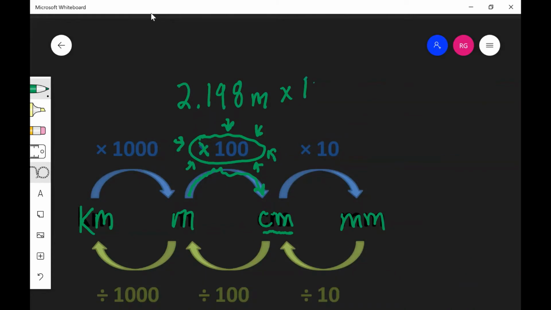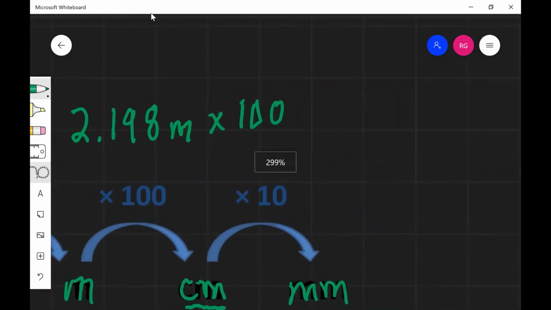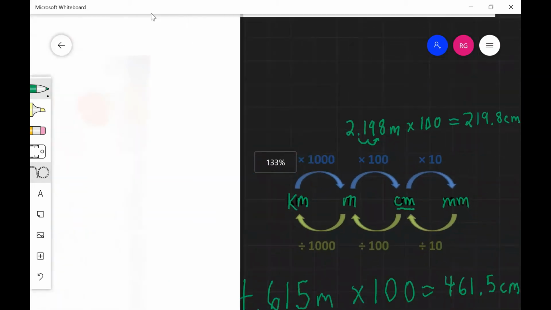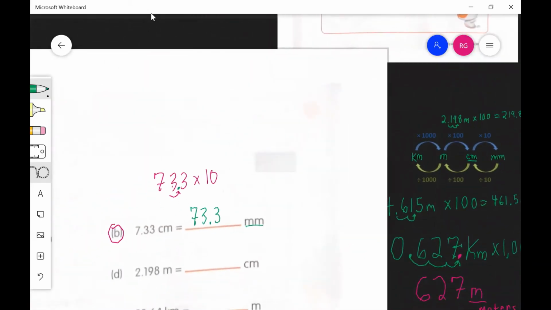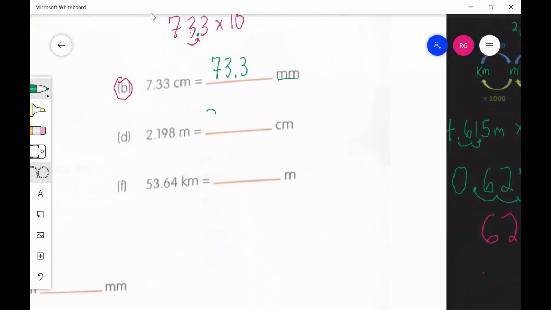Yeah, times 100. I'm multiplying 2.198 meters times 100. What do I get? 219.8 centimeters. Yeah, you got it. Okay, perfect. So let's make sure we write 219.8 centimeters there.